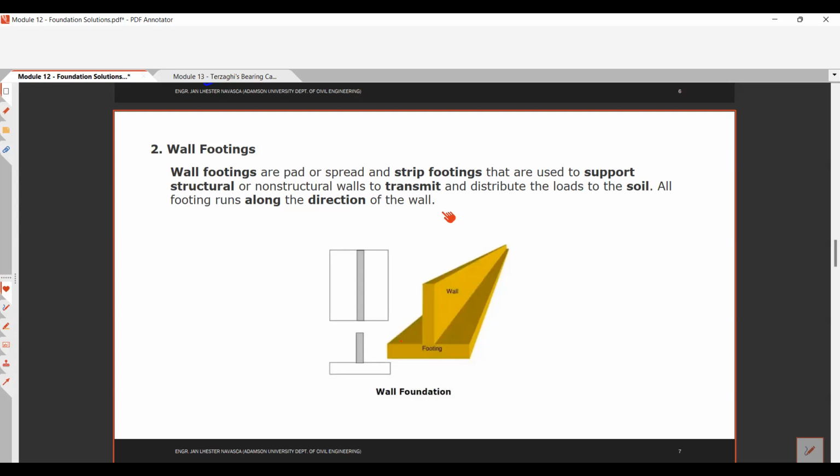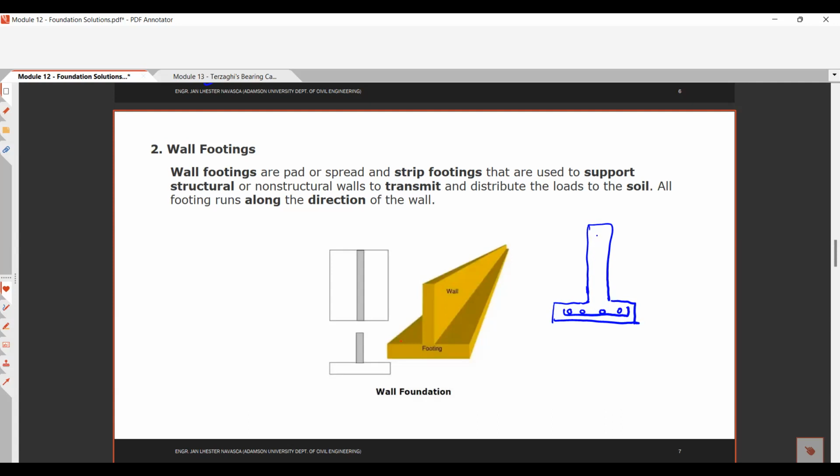So if you wonder how to lay CHB or the concrete hollow blocks, kung paano siya ginagawa sa building, meron yung mga wall footing. Magpo-provide kayo ng wall footing sa ilalim, then you have your CHB. Then magi-introduce kayo ng reinforcement dito.